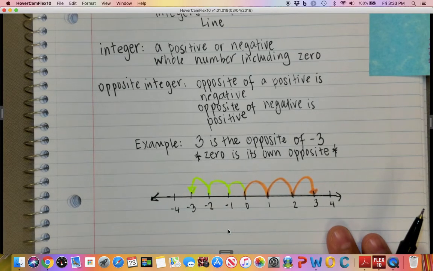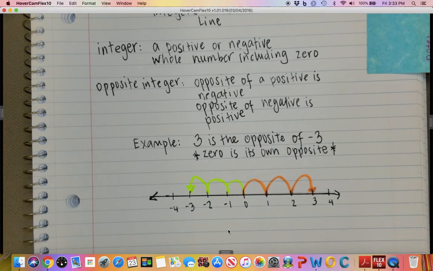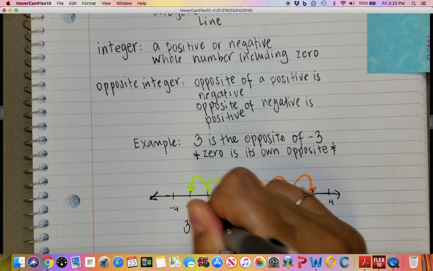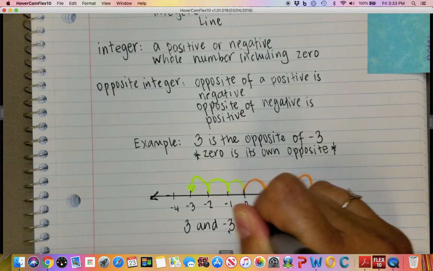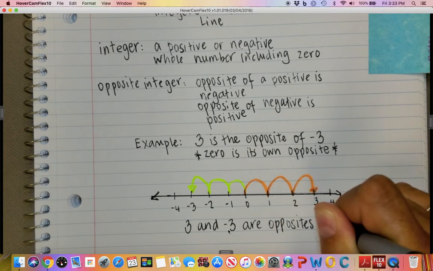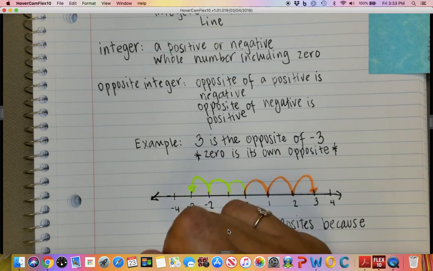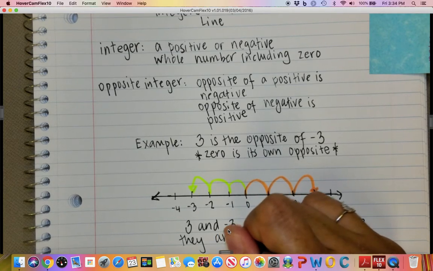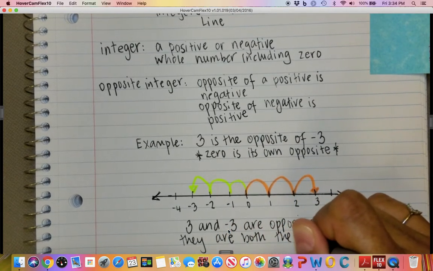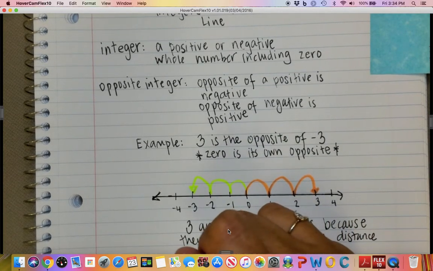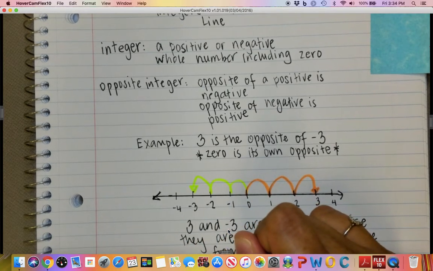We prove it by showing it on a number line. They are the same distance from 0. 3 and negative 3 are opposites because they are both the same distance from 0.